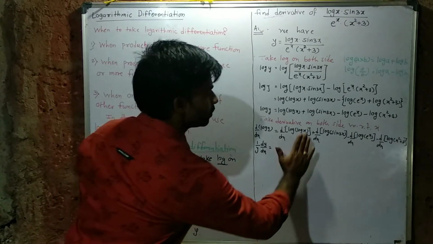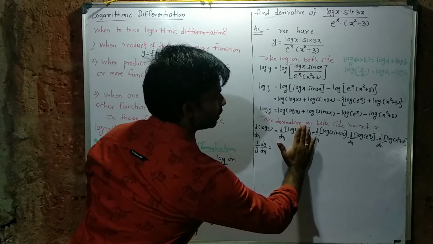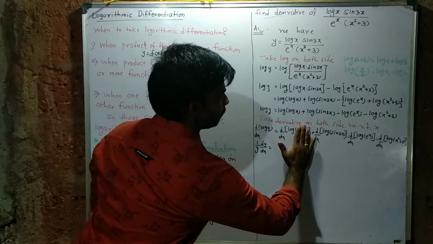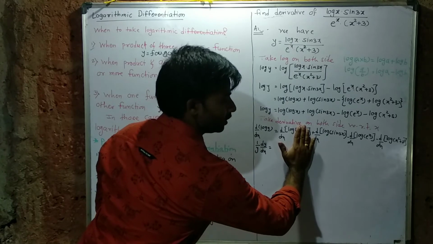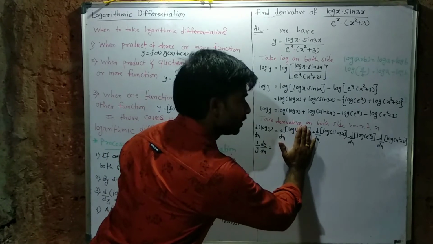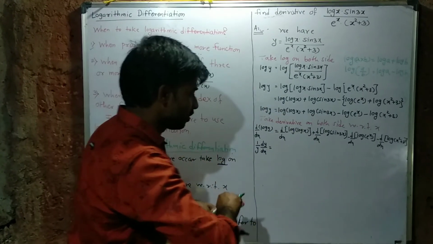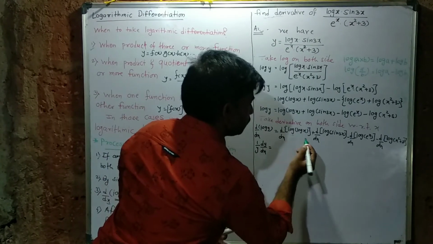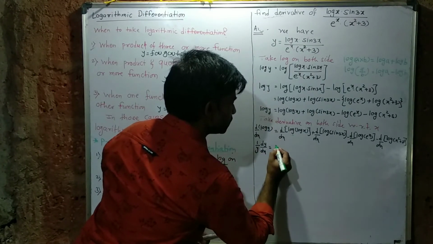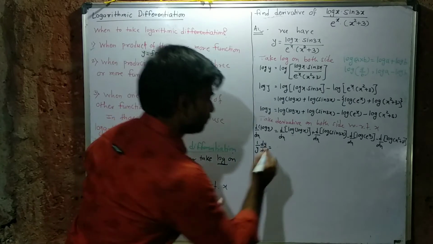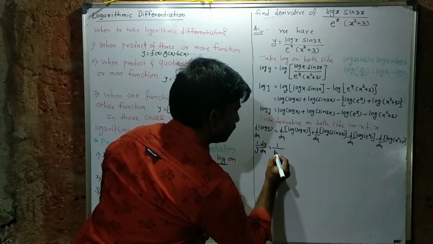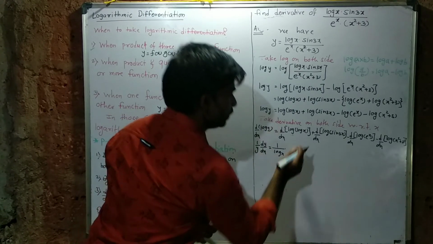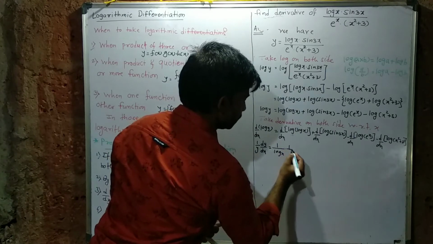First of all we cover the log x using our hand and perform the derivative of log x, which is 1 divided by x. Therefore for this log the derivative is 1 divided by log x into 1 divided by x.